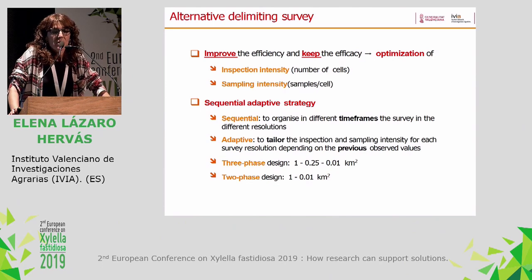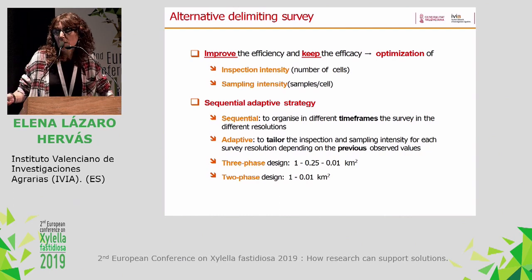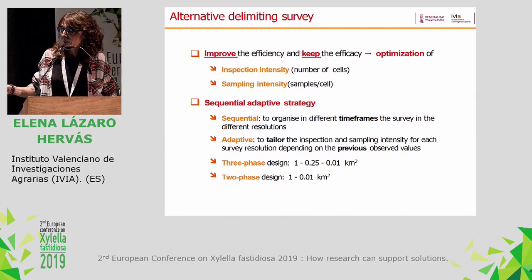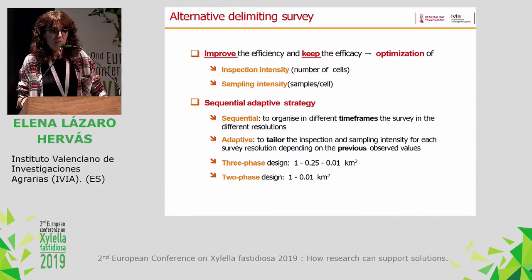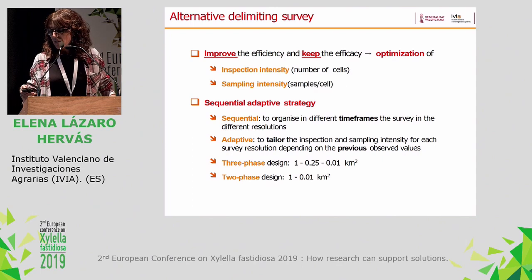Under the same methodological approach, we propose two designs: a three-phase design in which 3 resolution sizes are considered in order to define epidemiological unit size, and a two-phase design in which 2 resolution sizes are considered to define the size of the epidemiological units.